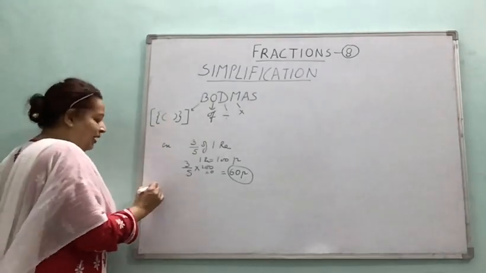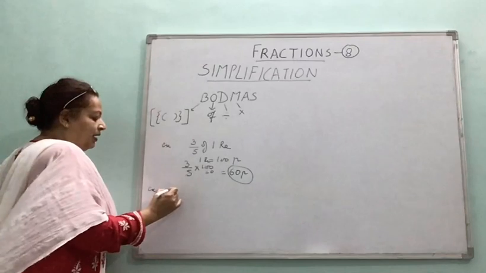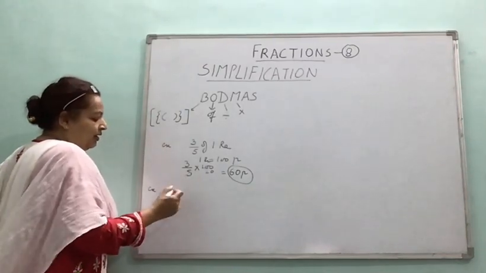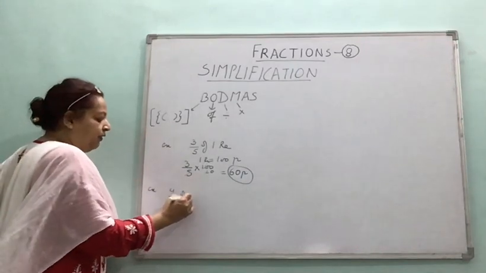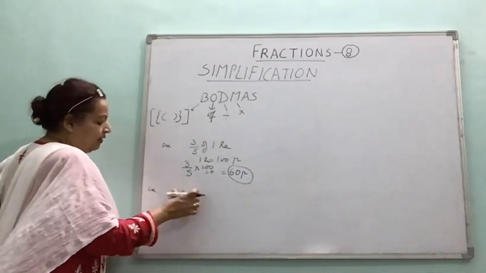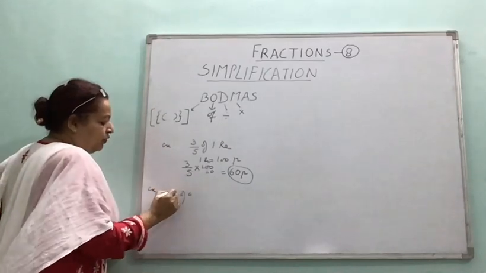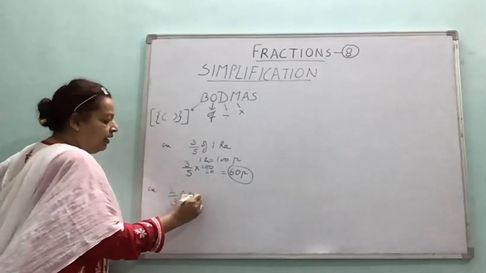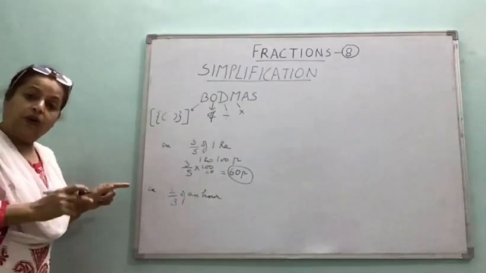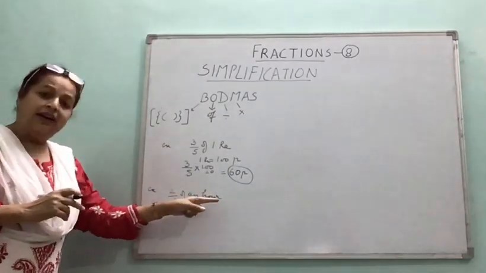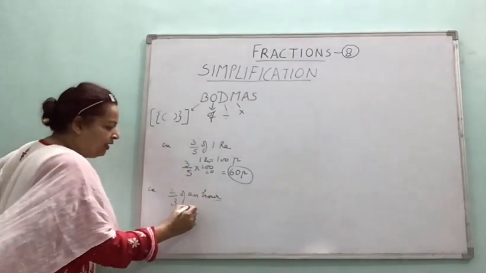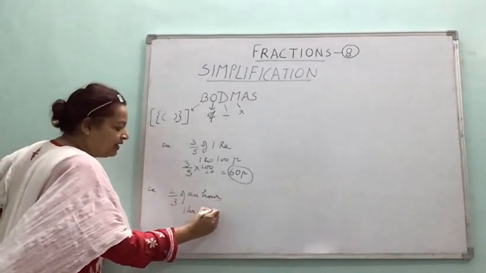Another example: 2 by 3 of an hour. I have to find 2 by 3 of an hour. An hour has 60 minutes.